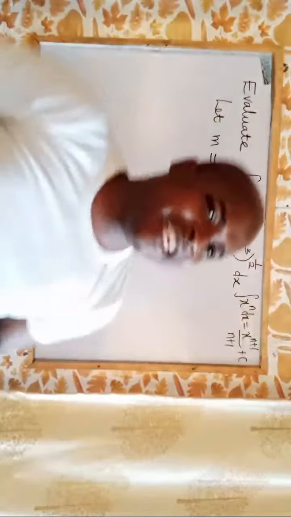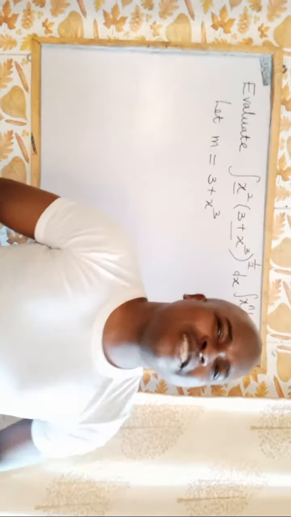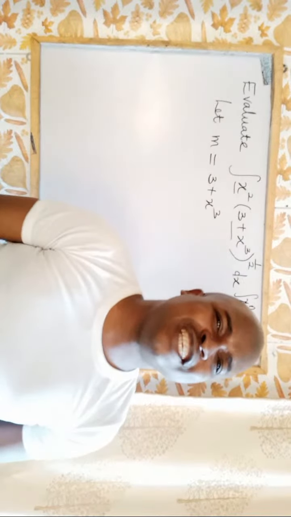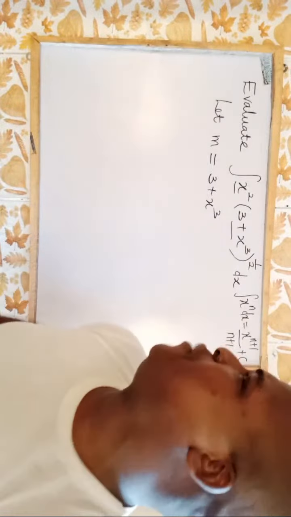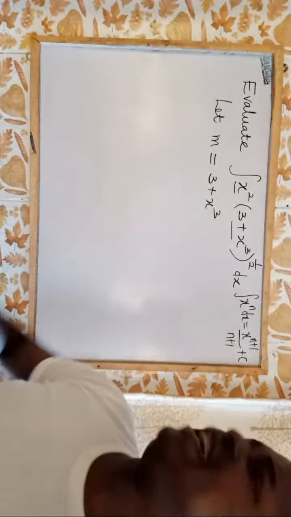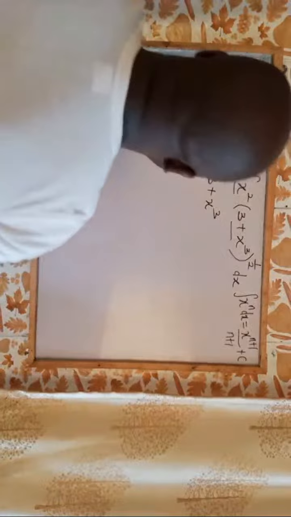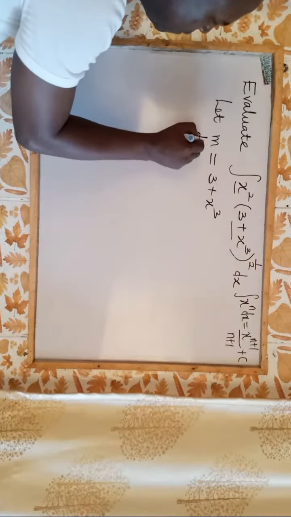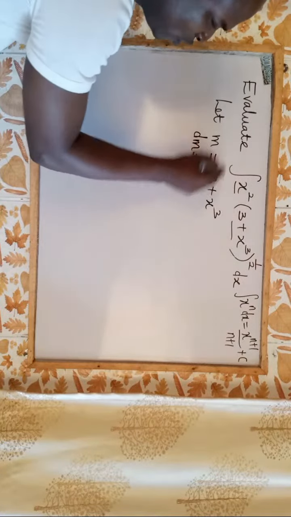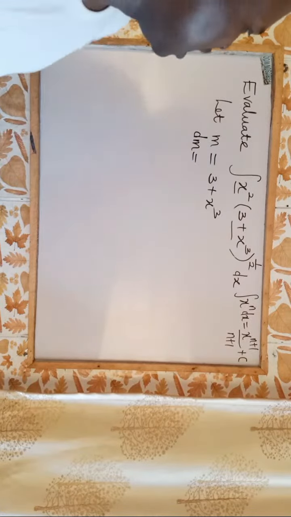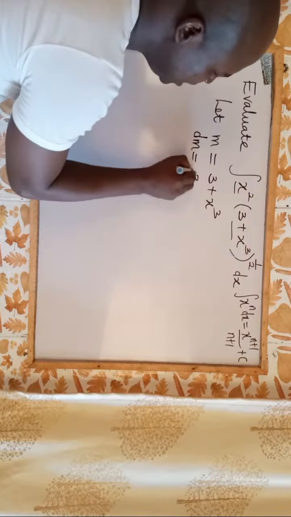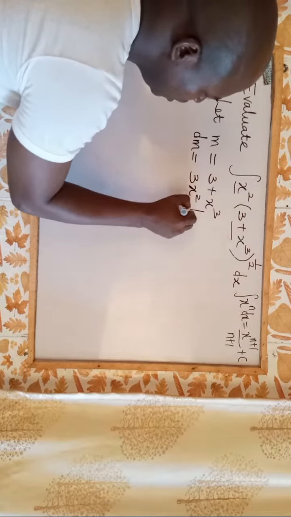Whether you like it or not, there is always differentiation in integration. So where do we go from here? We are going to differentiate the two of them. If I differentiate m, I am going to have dm. If I differentiate a constant, I'm going to have 0. And if I differentiate this, I will have 3x^2 dx.